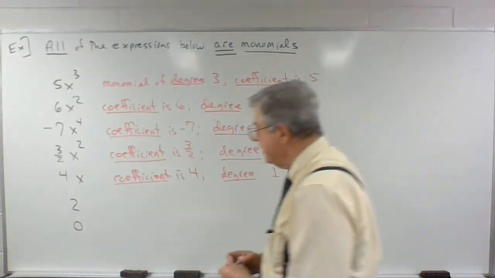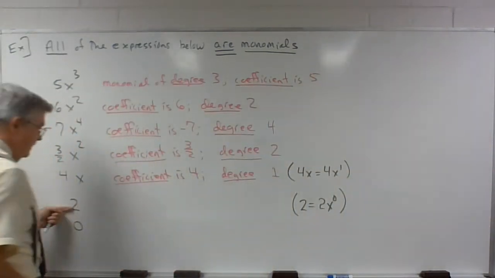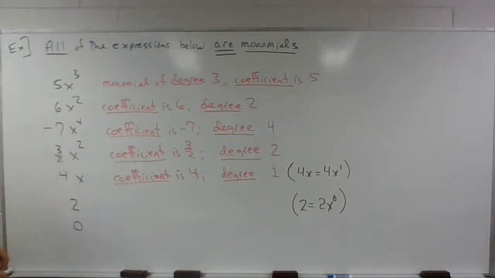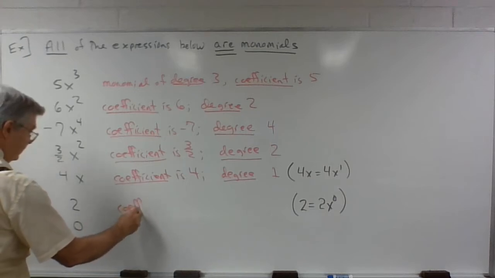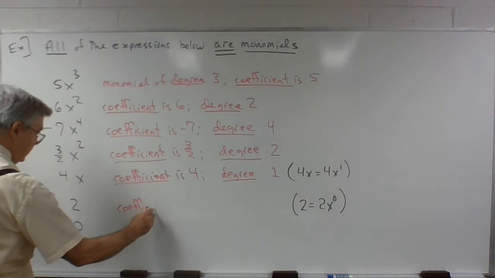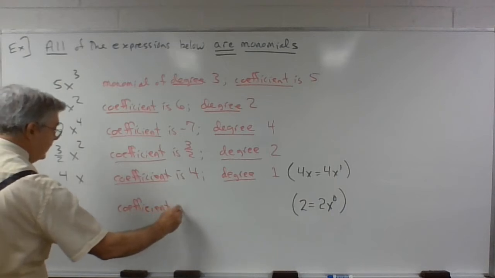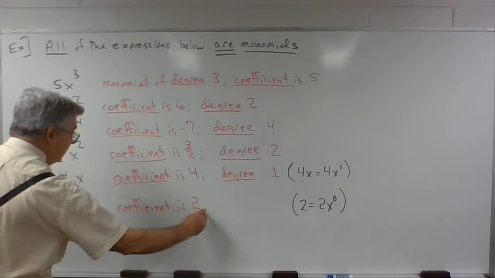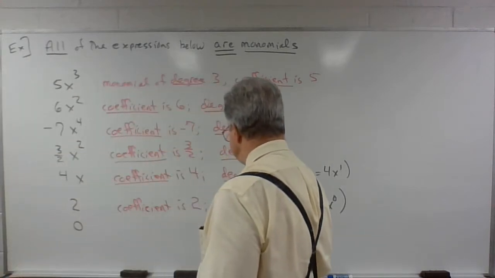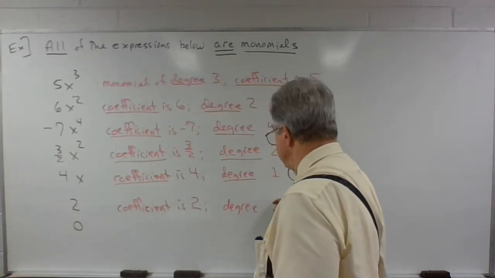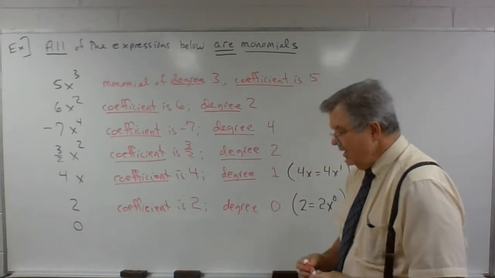So yeah, 2 is a monomial. The coefficient is 2. And the degree is 0.